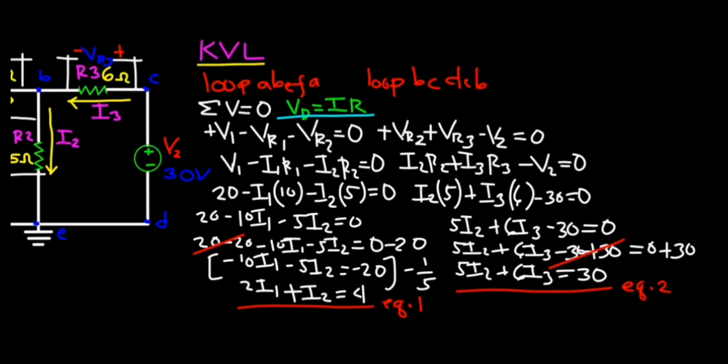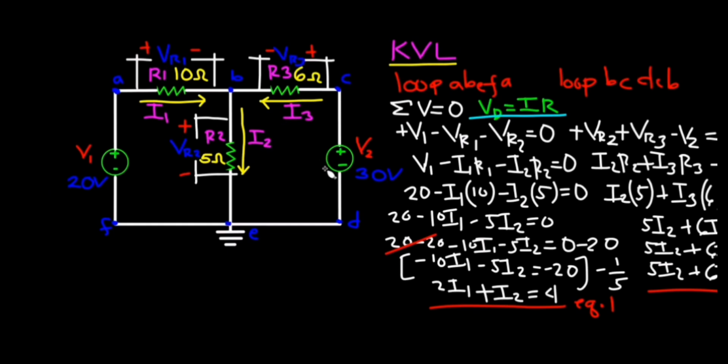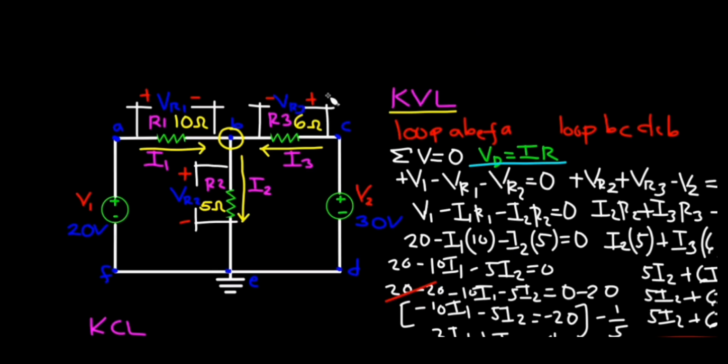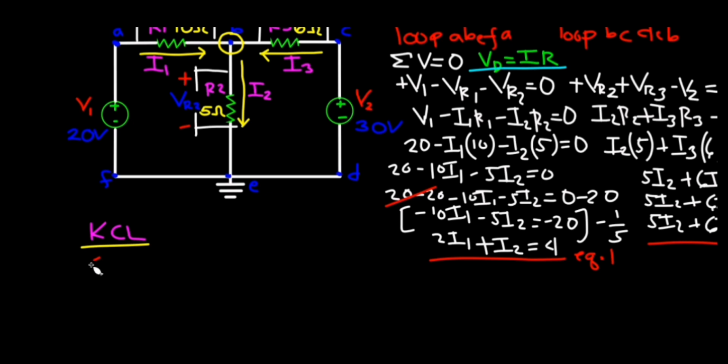We already have these two KVL equations, now we will write our KCL equation. So in this circuit we have a junction here. Summation of all current in a junction is equal to 0.